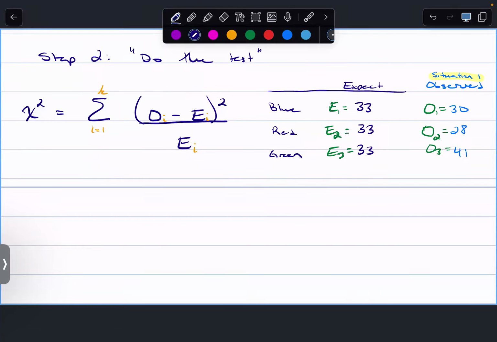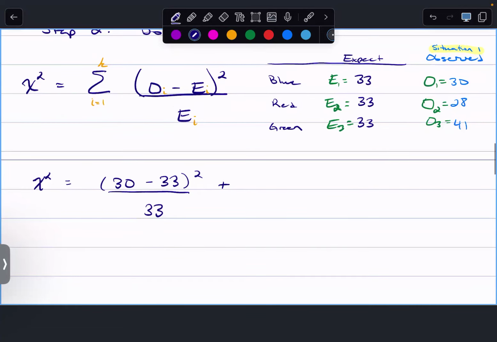So what this looks like for our chi-squared calculation is the observed minus the expected. And so we have 30 minus 33 squared divided by 33. And then I want the sum of each of these, right? So 28 minus 33 squared.